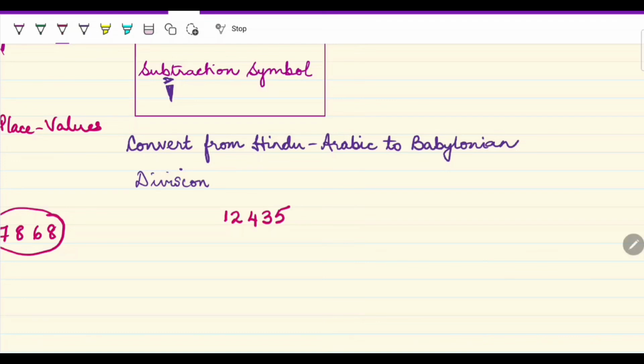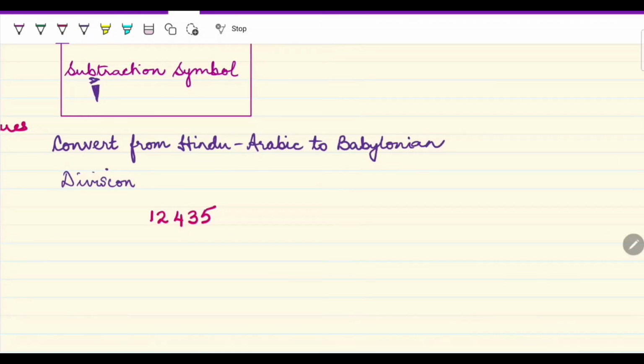So let's go over the different place values that we learned in the Babylonian system. The extreme right hand digit has a place value of 60 to the power 0, which is 1. And then to its left, the place value is 60 to the power 1, which is 60. And then there's 60 squared, which is 3600, and then we can keep going.